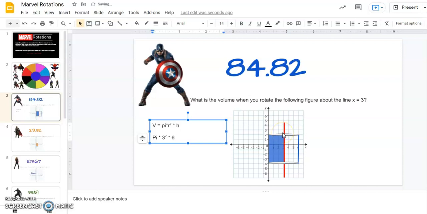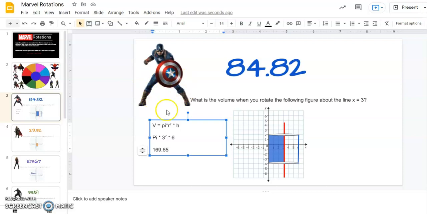So times 6. And I'm going to put that in my calculator real quick. Pi times 3 squared times 6 gives me 169.65. So this is the volume of the cylinder.